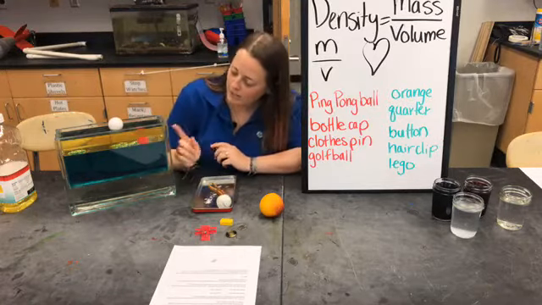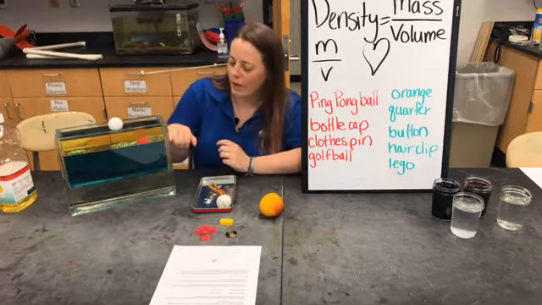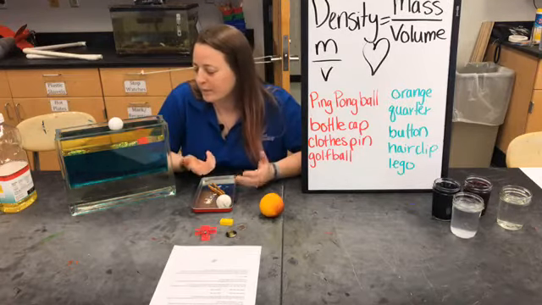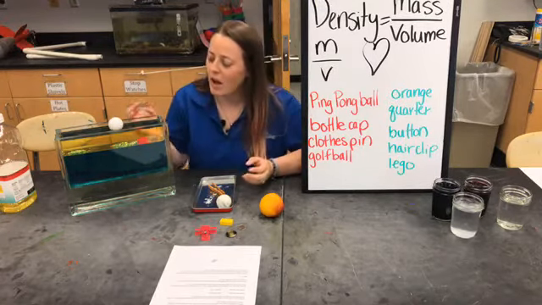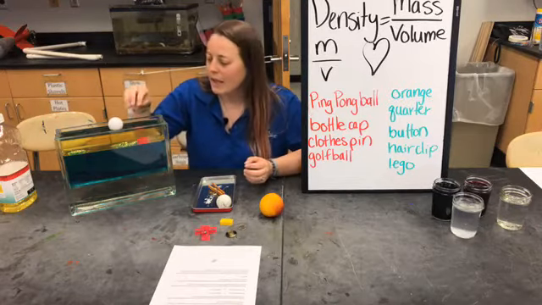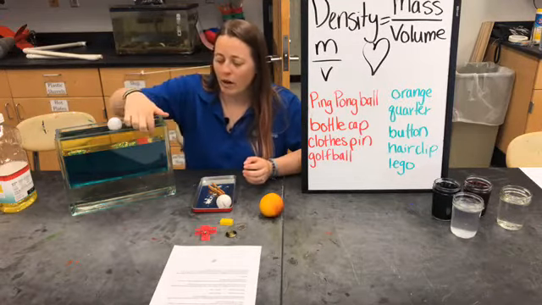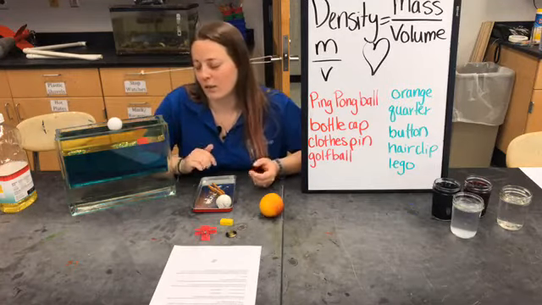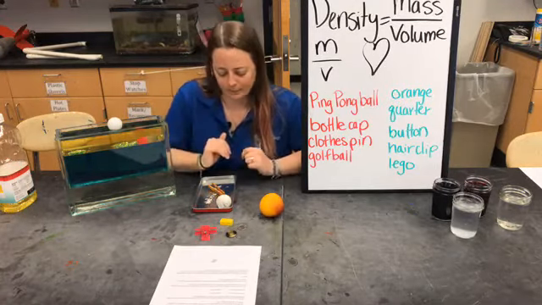Okay, so this bottle cap is actually floating right where the oil is meeting the water. So it tells me that the density of the cap is greater than the oil, but it's not as much as the water is. So that's why it's stuck in that point.